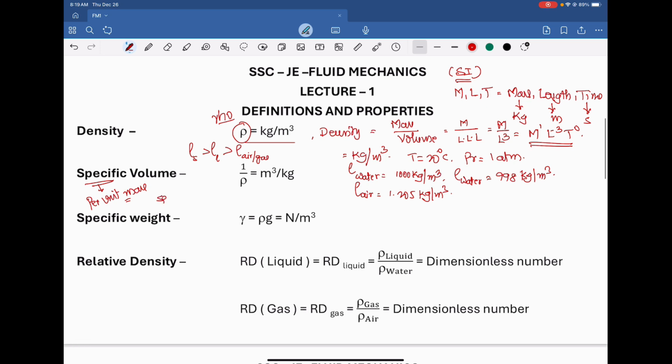Specific heat will be heat per kg. We are talking about SI units. Specific energy is equal to energy per kg. Specific enthalpy is equal to enthalpy per kg.